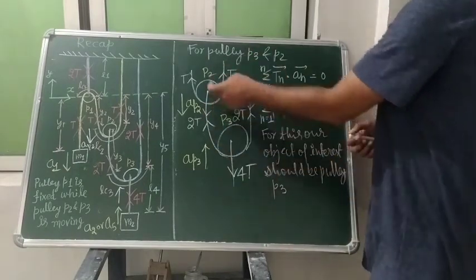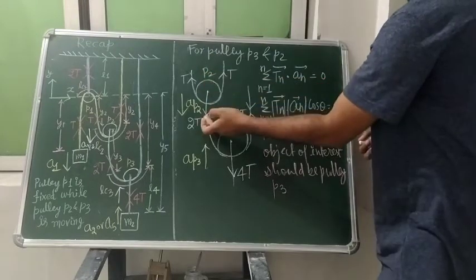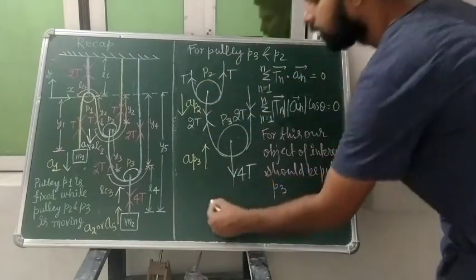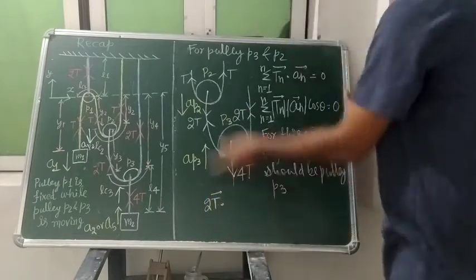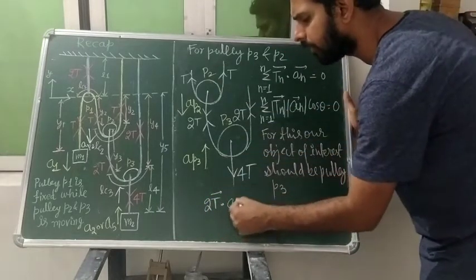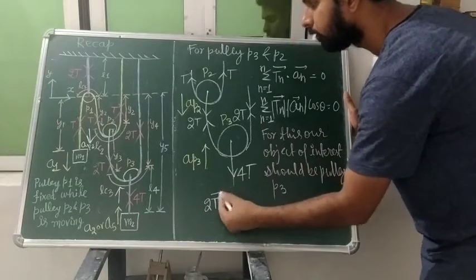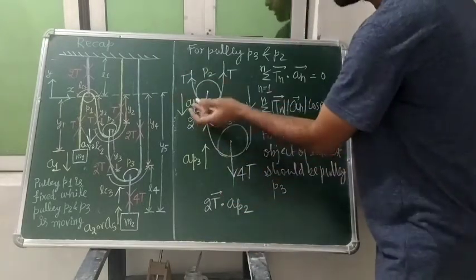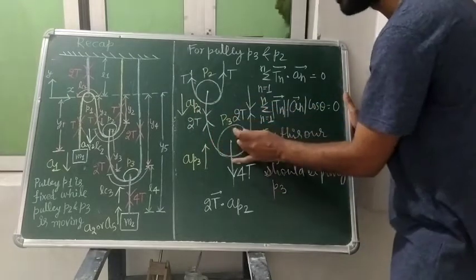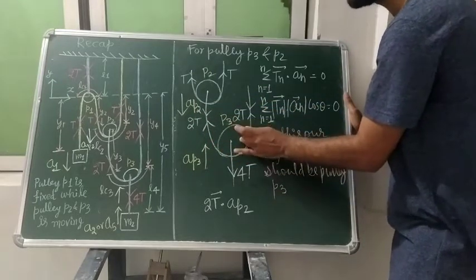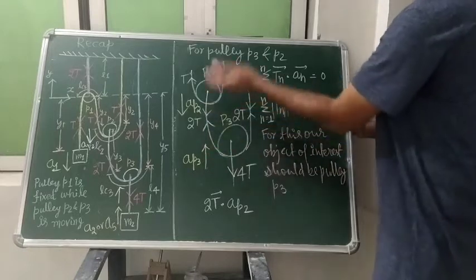Twice of T vector dot acceleration, which I have assumed in that same direction, AP2. 2T is acting downward, isn't it? No. For the object of interest, pulley P3, 2T is acting upside.